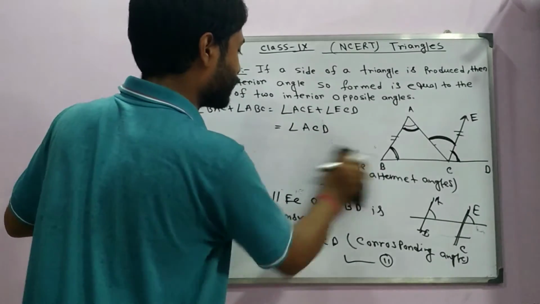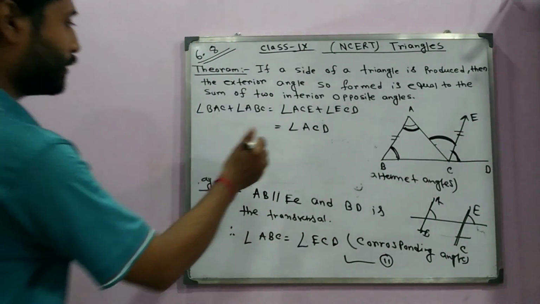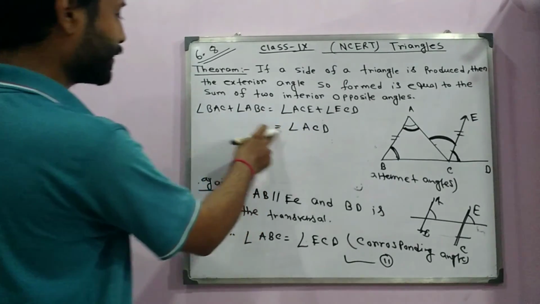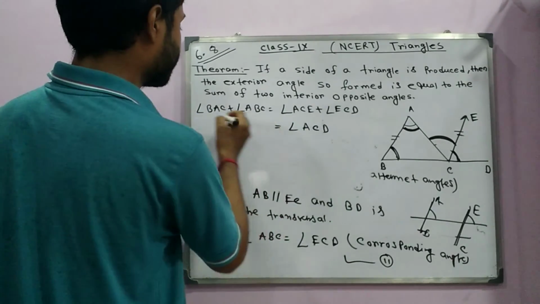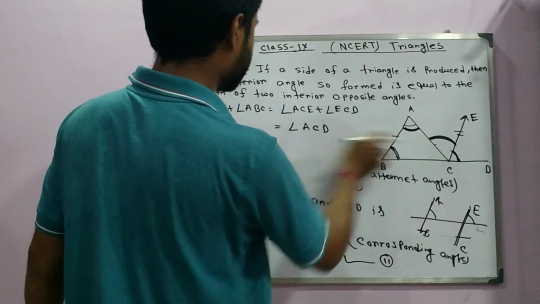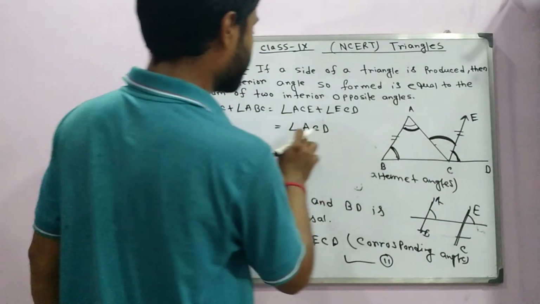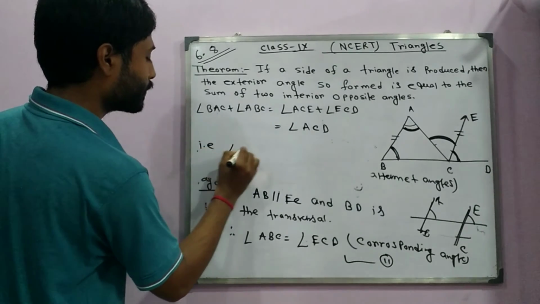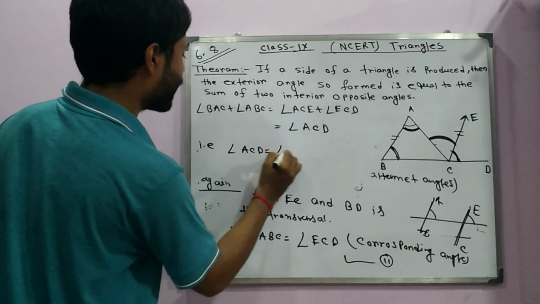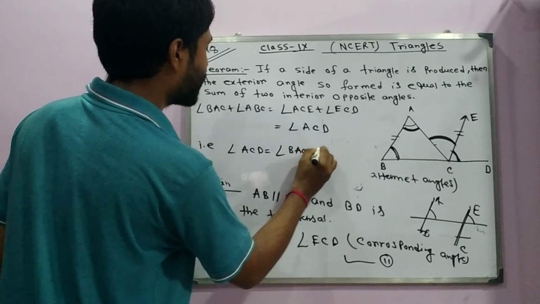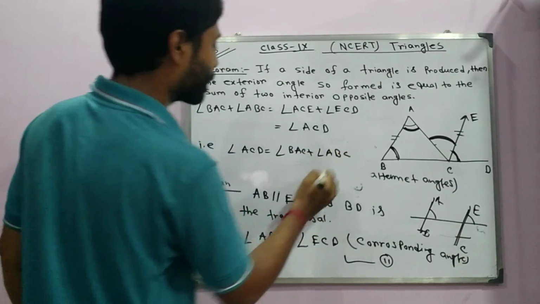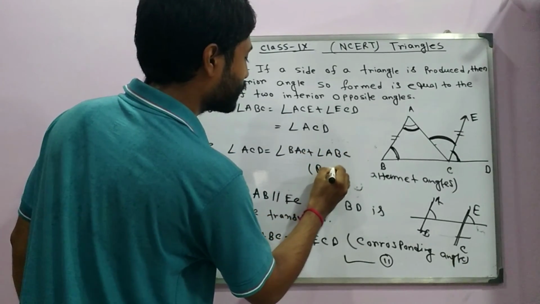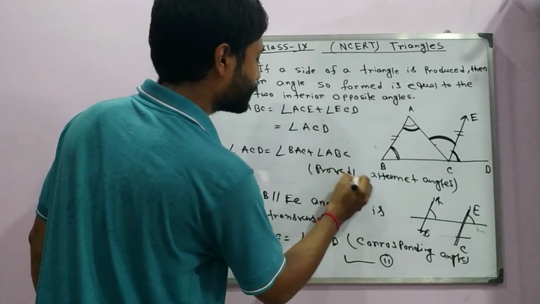So look at this, the proof has already been done. BAC plus ABC is equal to ACD. So that is ACD equal to angle BAC plus angle ABC. So this is proved.